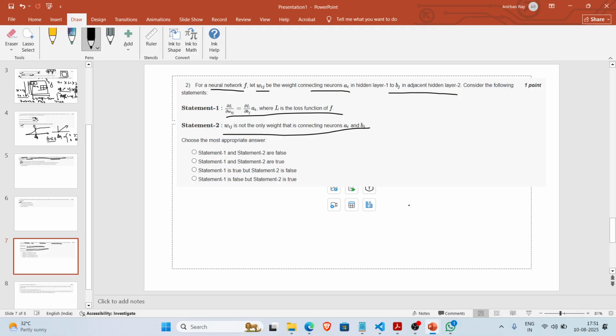Suppose there are neurons Ai. Suppose you have several neurons here: this is A1, this is A2, dot dot dot, somewhere that is Ai. There's a bias term, a bias node.